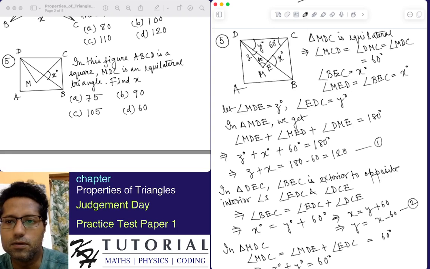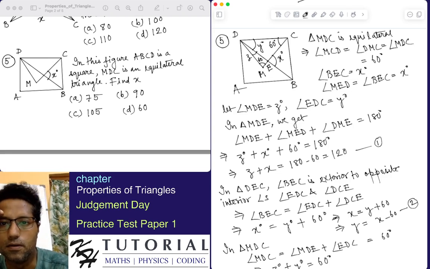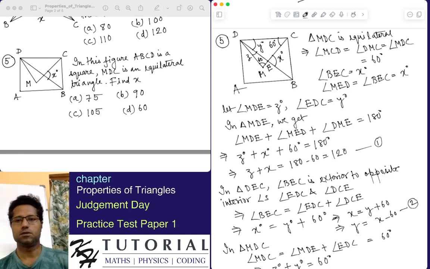Oh, we are not using at all the fact that ABCD is a square. Oh my god, ABCD is a square. Okay, so MDC is an equilateral triangle, and ABCD is a square.